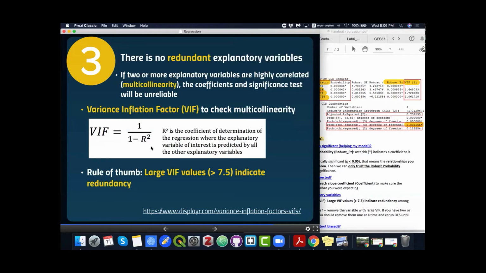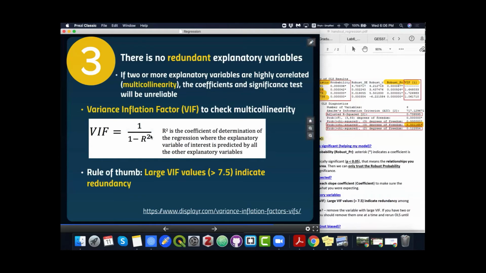Then we can look at the equation quickly to see what this means. The R squared value, I hope you folks still remember, represents the model fit. We're calculating the VIF for each explanatory variable, to look at whether there are relationships or correlation between the explanatory variables.